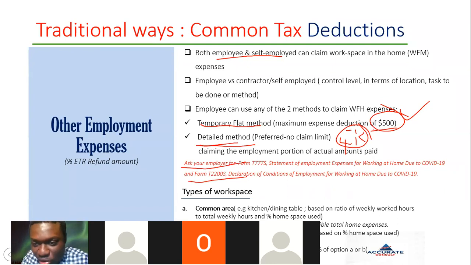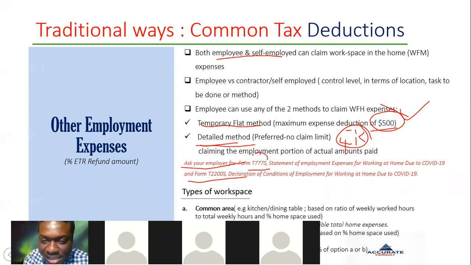You need a copy of this form to be able to claim it. If you don't get this form and you claim it and the CRA audits your filing and you cannot provide this document, they will reject your other employment expenses. So please contact your employer, your HR, and get this form.